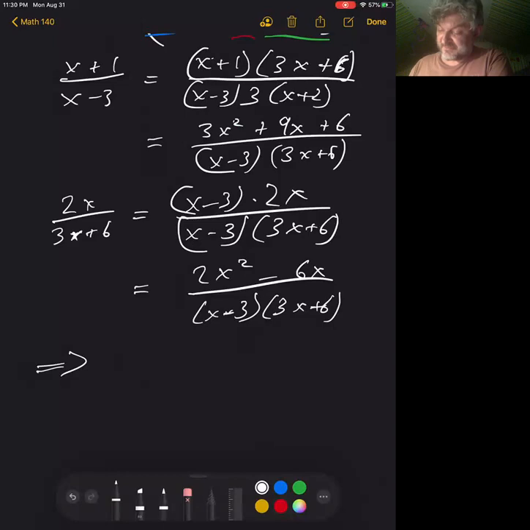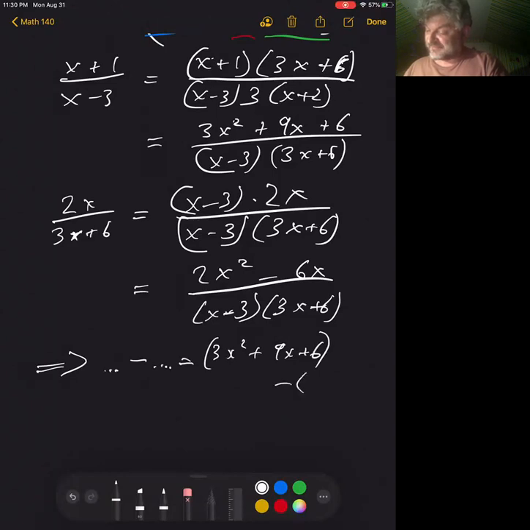So one of them minus the other one, that's subtraction. We can now do that, and we should get 3x squared plus 9x plus 6 minus 2x squared minus 6x.